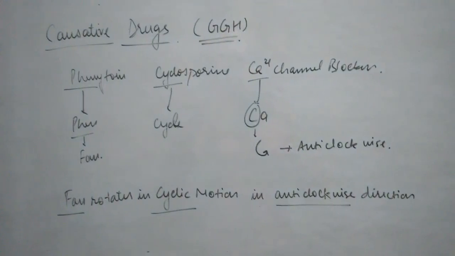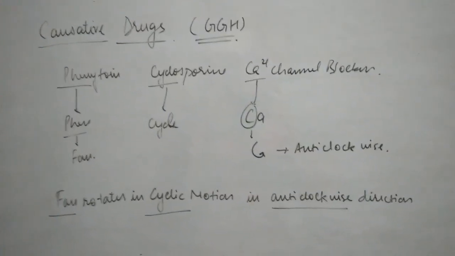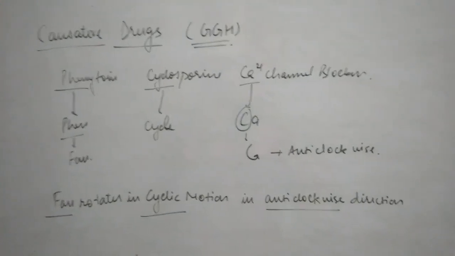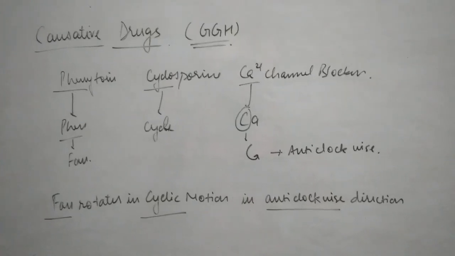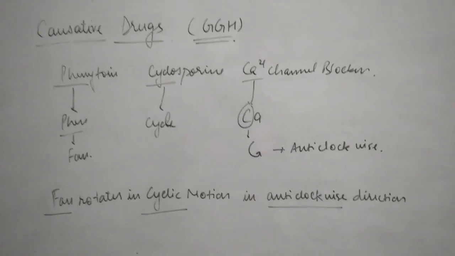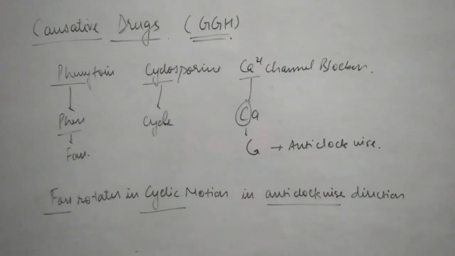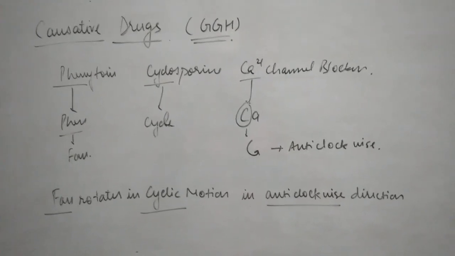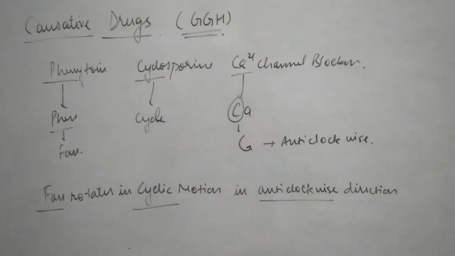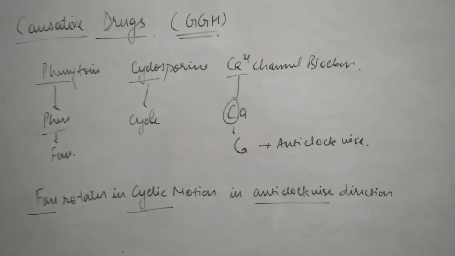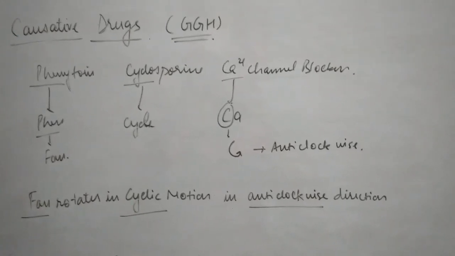So here is a little mnemonic for remembering certain drugs which cause generalized gingival hyperplasia, because sometimes we just forget the drugs. So I made a little mnemonic, a little funny. Phenytoin: we can take the prefix phen, which is similar to fan, so we can remember phenytoin by the word fan. We can remember cyclosporin by cyclo, like cycle.